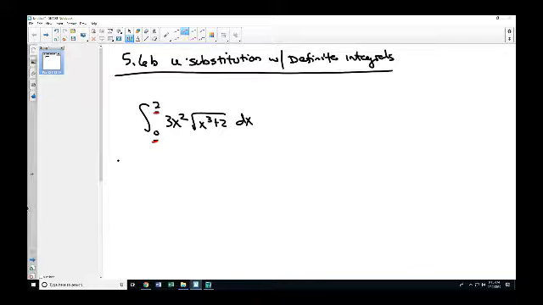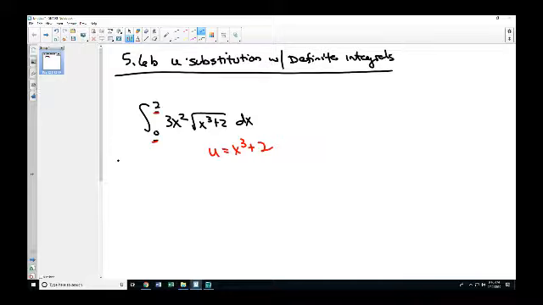Luis, what would you pick as the value of u in this problem? x cubed plus 2. Yeah, it's your inside, right? Kellen, what's your derivative?